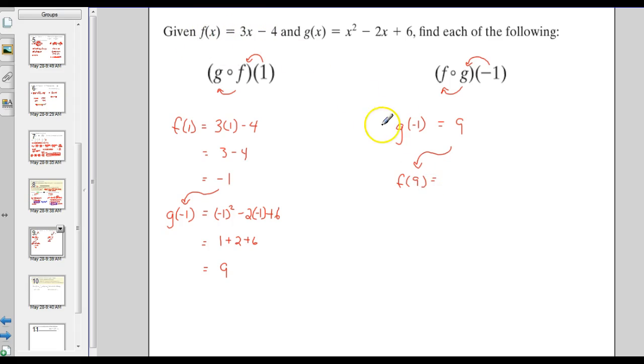I'm plugging a 9 in where that x is, so 3 times 9 minus 4. 3 times 9 is 27. And then 27 minus 4 is 23. So f of g of negative 1 is 23.